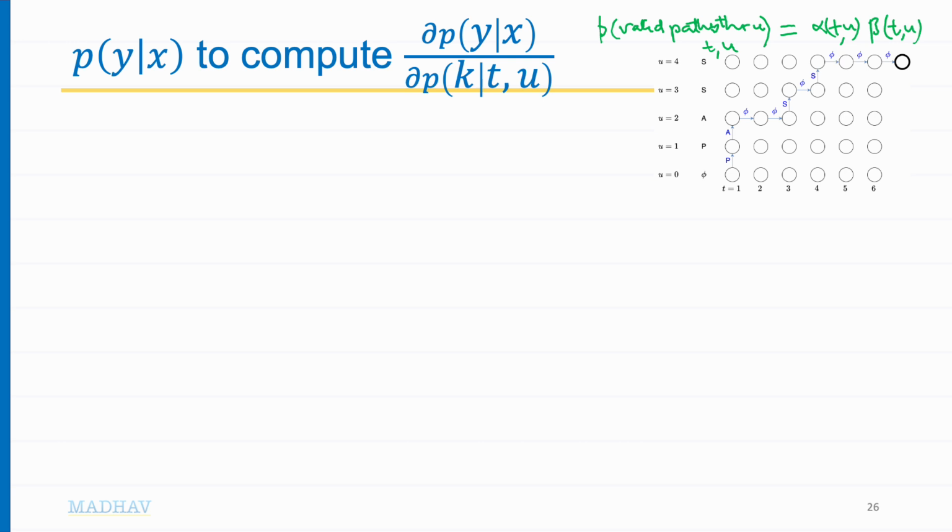If you take all t and u, then you are overcounting the paths. Let's say one path passed through this node, and then it went here and then went here. If you sum them up, it's like you are summing the same path twice. And like that, you will be doing it so many times. So you're overestimating it by many, many times.